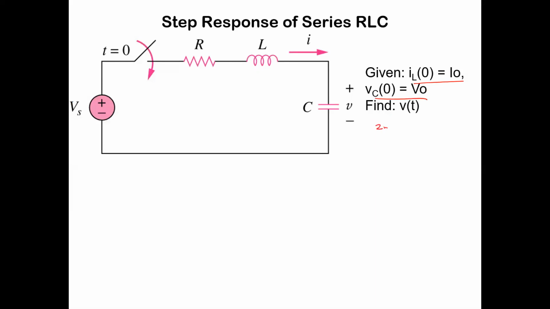And in this case, this is still a second order circuit. It is linear, it is non-homogeneous, and it has constant coefficients.